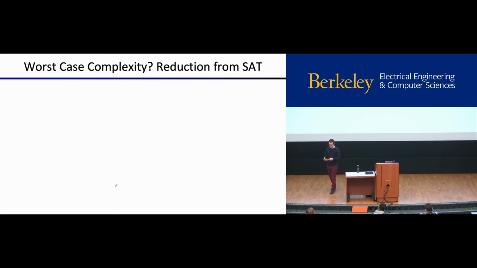If there is some reduction that goes from SAT to variable elimination, and I have a fast variable elimination algorithm, like the submodule that I can run, then I can use my submodule to solve the variable elimination problem, and then I can tell you the answer to your SAT problem using my variable elimination solution. So we're using one program inside of another program to make that first program run faster.